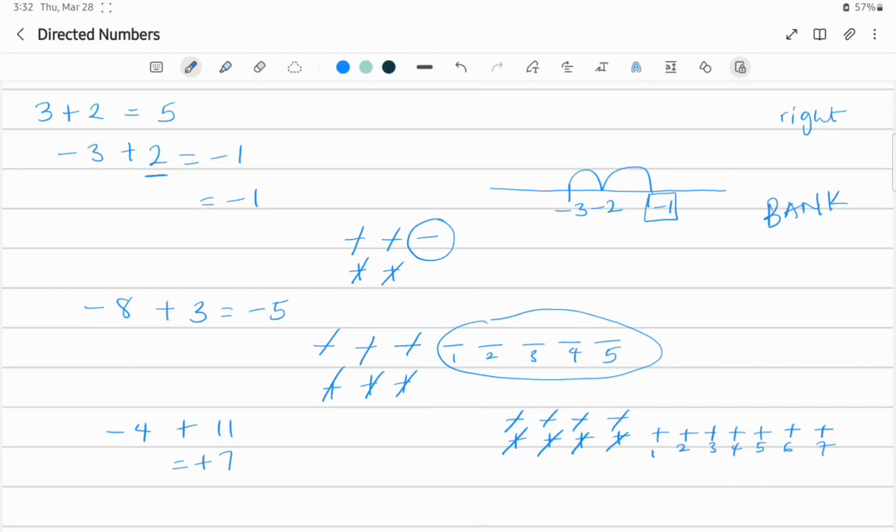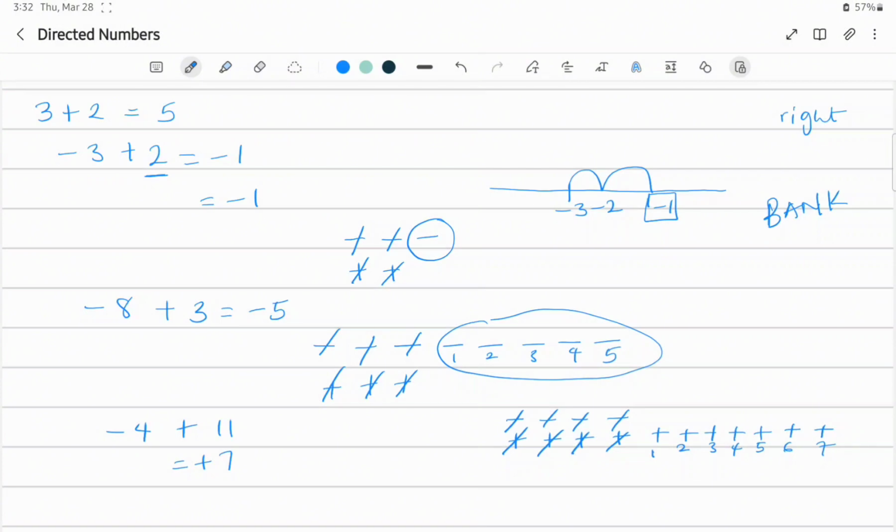So in our first example, let's say we have -3. That means you went to the bank to take a loan of 3 naira, for example. And +2 means you went to the bank again to deposit 2 naira. That means you'll be left with a loan of just 1 naira.